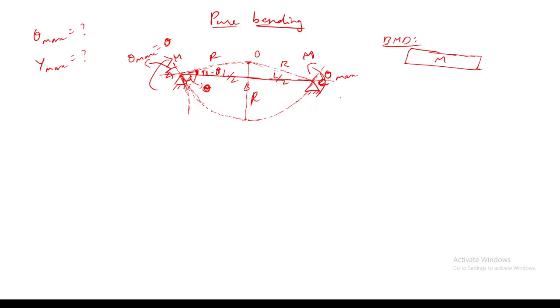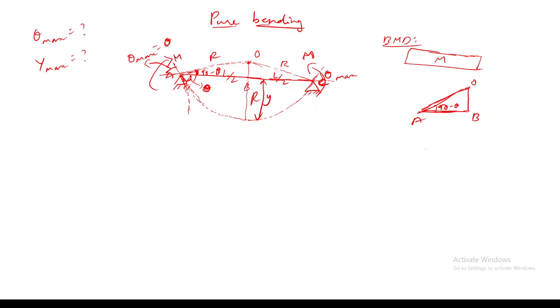And then we need the expression of this theta, right? So I am isolating this triangle OAB, and this is the value of y which I want, and this is 90 minus theta.